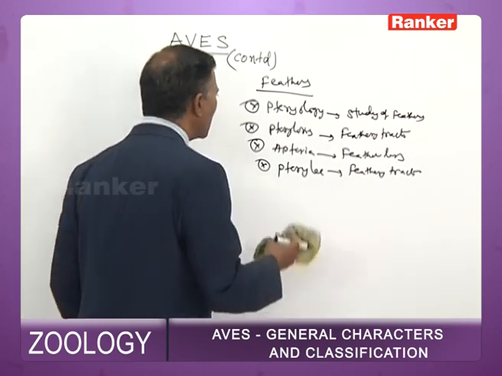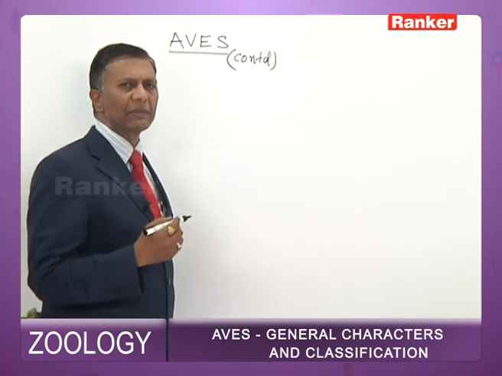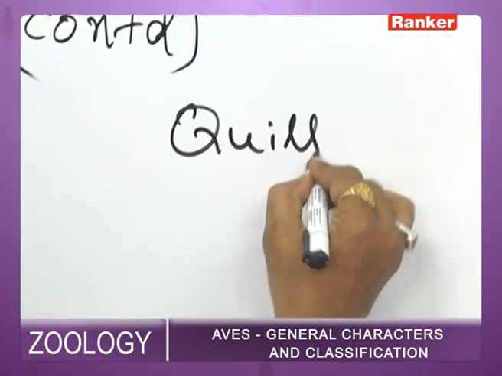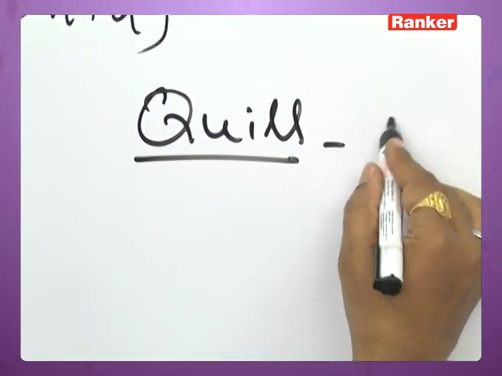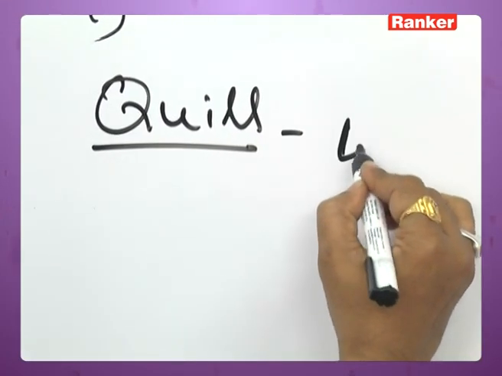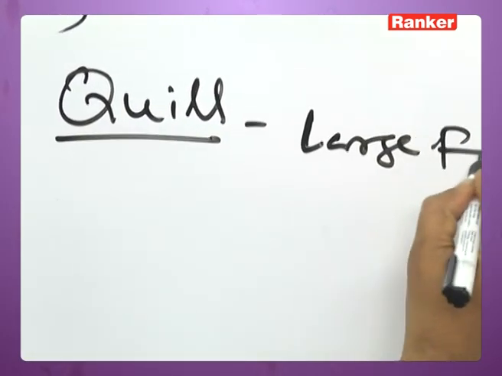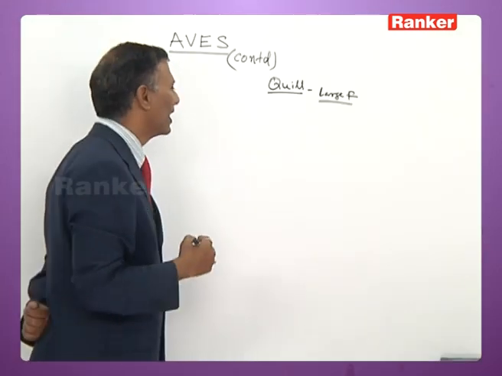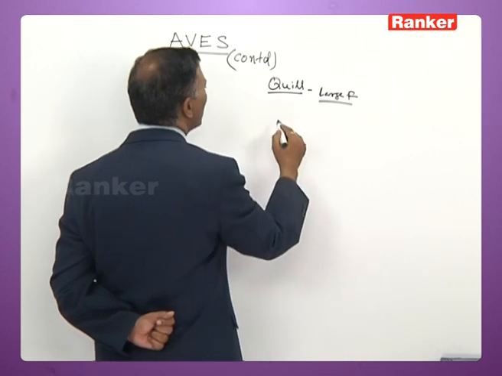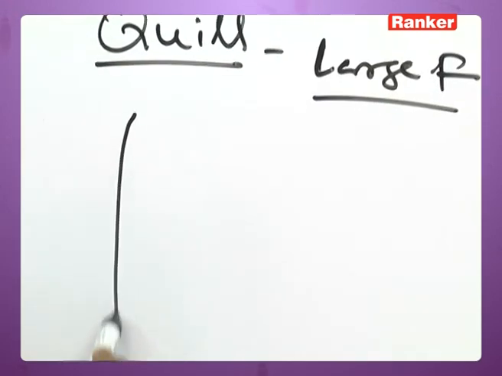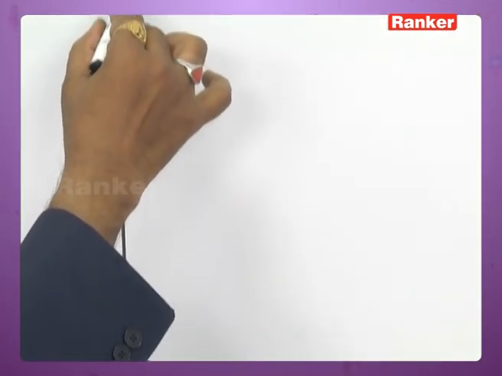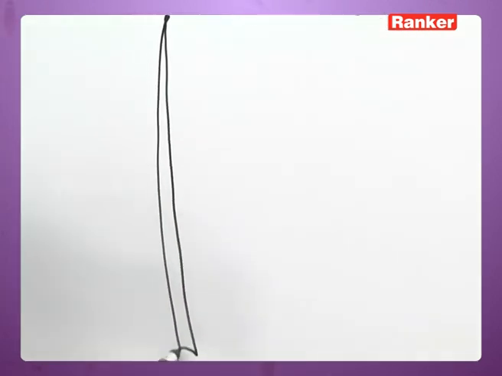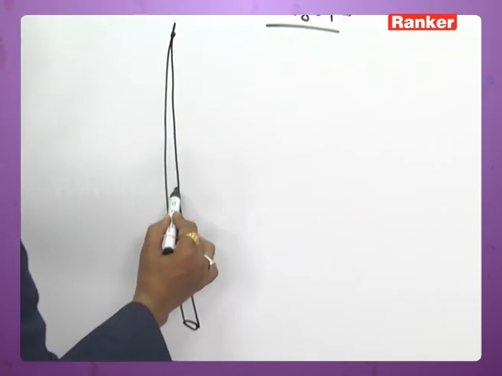The large feathers present on the body are called quill feathers. Now the quill feather has a median axis.